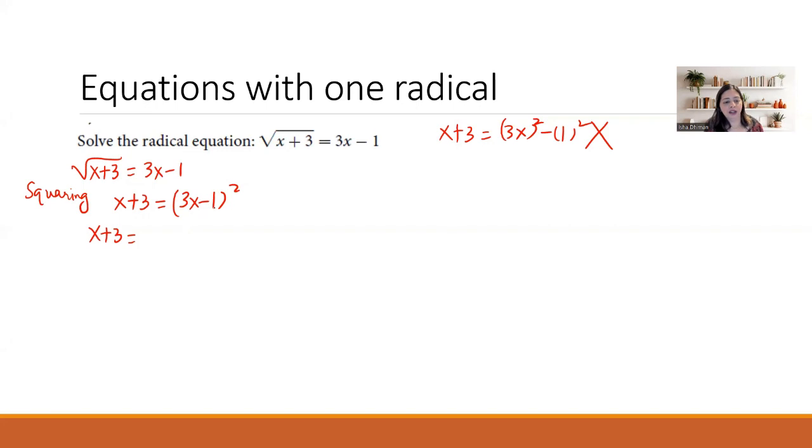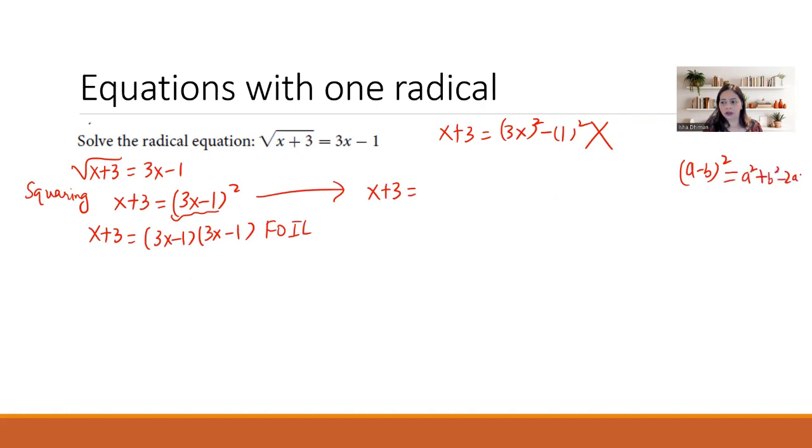Now, how do you expand this? You can write it as a product of two factors and then use maybe the FOIL method to do the multiplication and simplify it. Or you can directly use the formula, because this expression looks like a minus b whole squared, which equals a squared plus b squared minus 2ab.